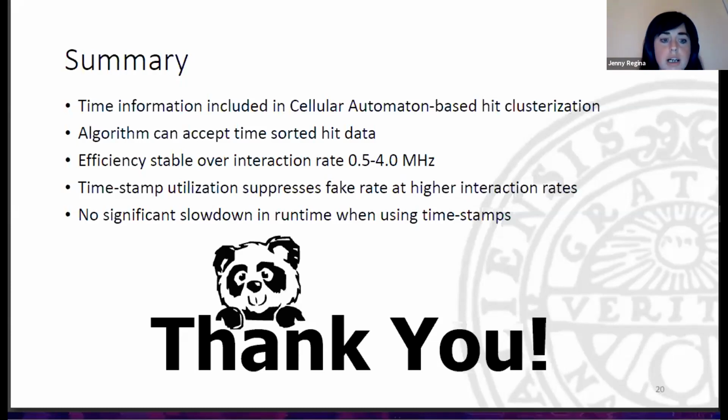So this timing information is mostly usable when we have event mixing. We cannot use it within one event because there the timing resolution is not enough. So we can use it for separating the events when we have a couple of 100 nanoseconds apart. Okay, thank you.